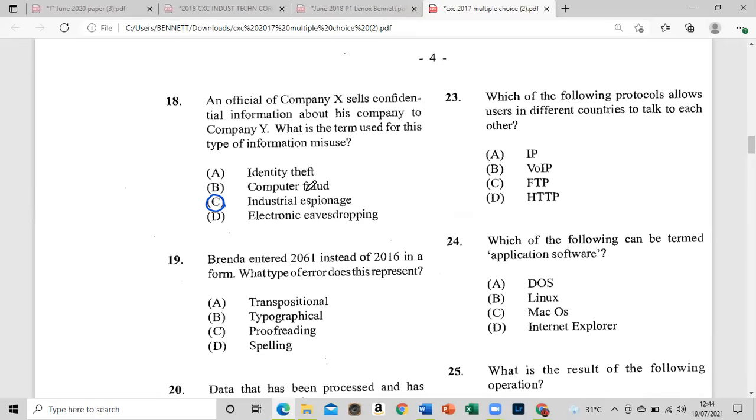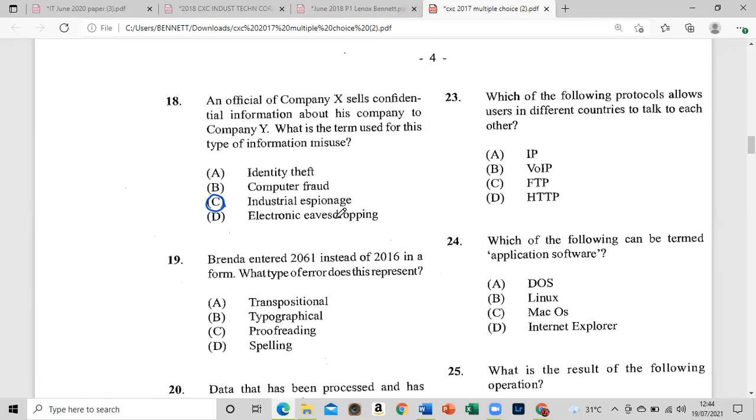So let's go to number 19. Brenda entered 2061 instead of 2016 in a form. What type of error does this represent?